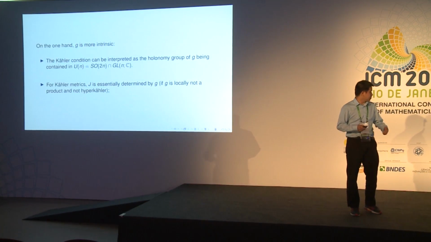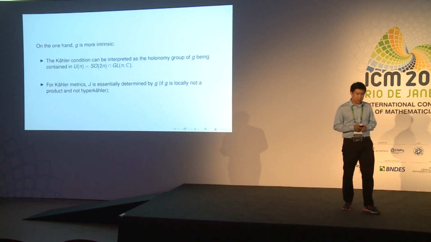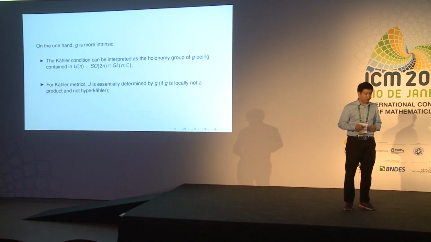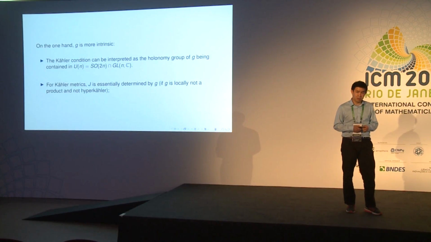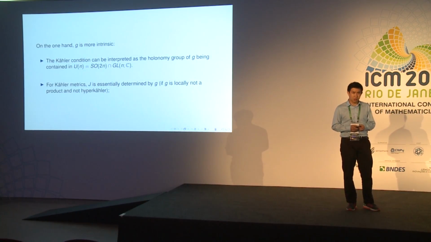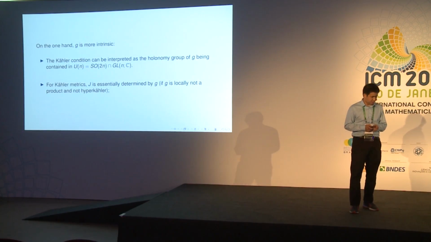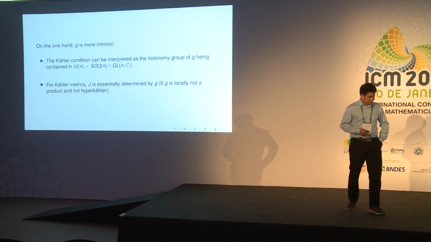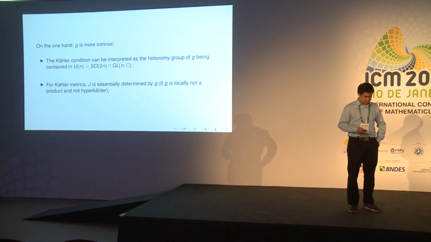And for a given Kähler metric, generically, the complex structure is actually determined by g. So if you have two Kähler metrics with the same Riemann metric, then except in a few cases, this complex structure is determined up to a minus sign. In this way, the Riemann metric is more intrinsic.